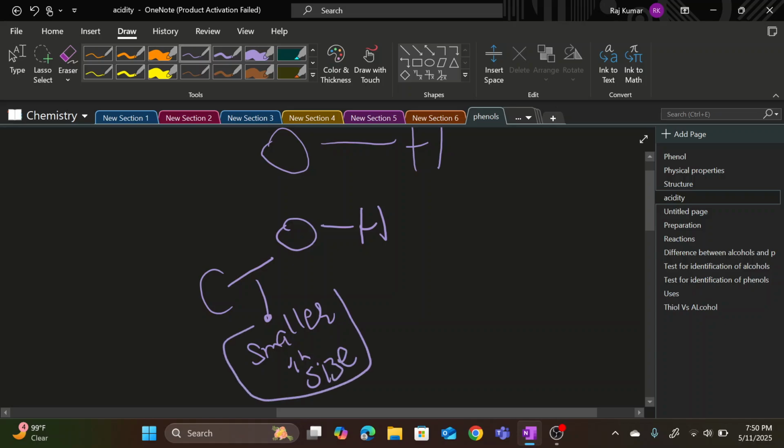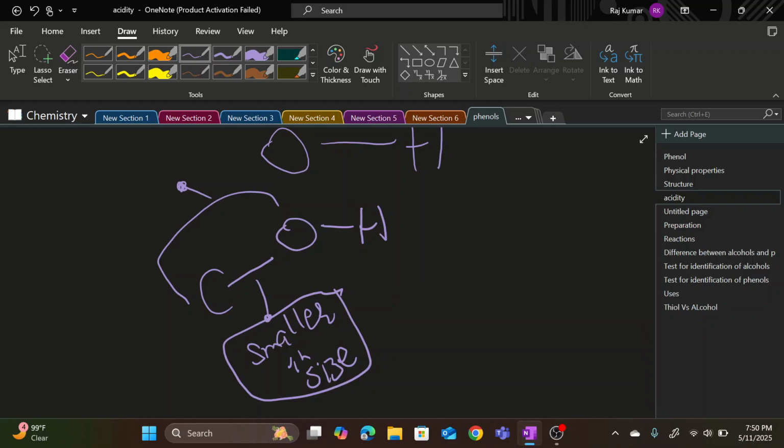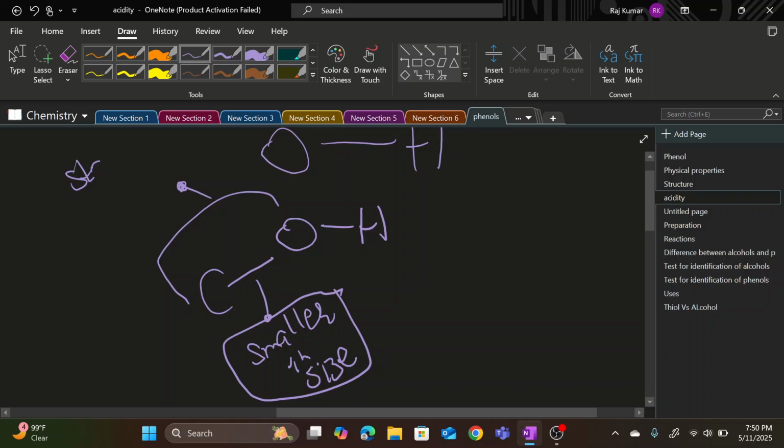The carbon to oxygen bond is smaller in size, and due to this reason it forms a stable phenoxide ion.